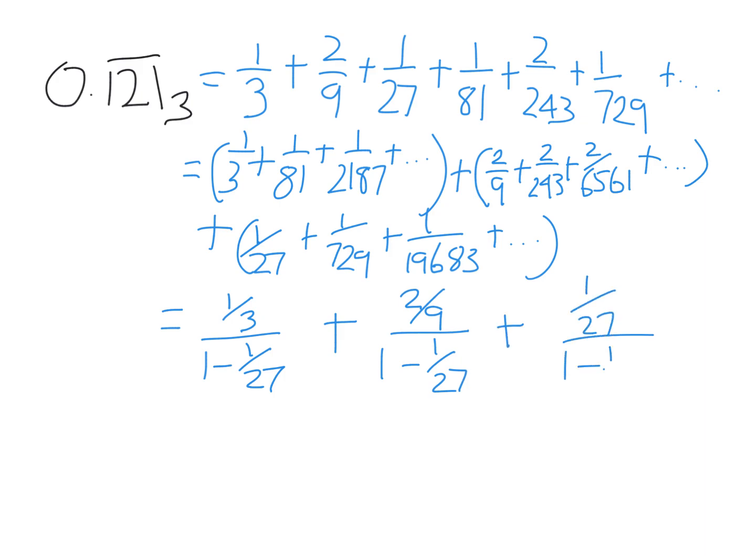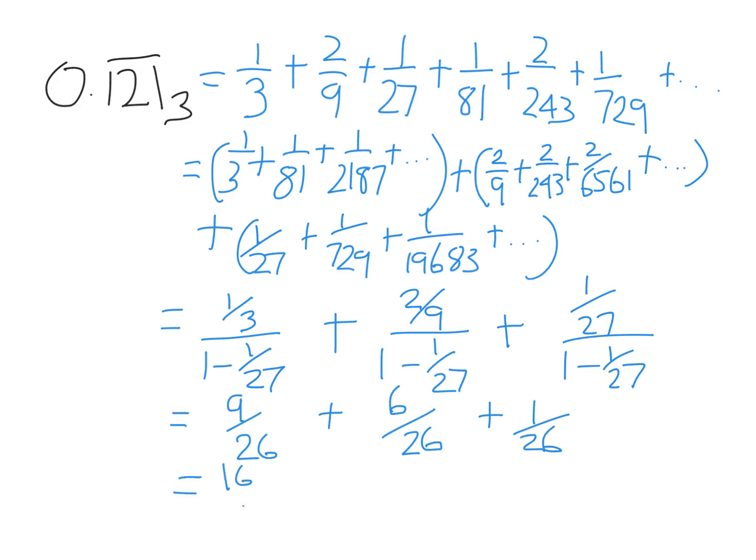So we can put all of this in our calculator. The first one gives us 9 over 26. The next one gives us 6 over 26. And the last one, 1 over 26. All of this adds up to 16 over 26, or 8 over 13. So that is the fraction in base 10, and we're done.